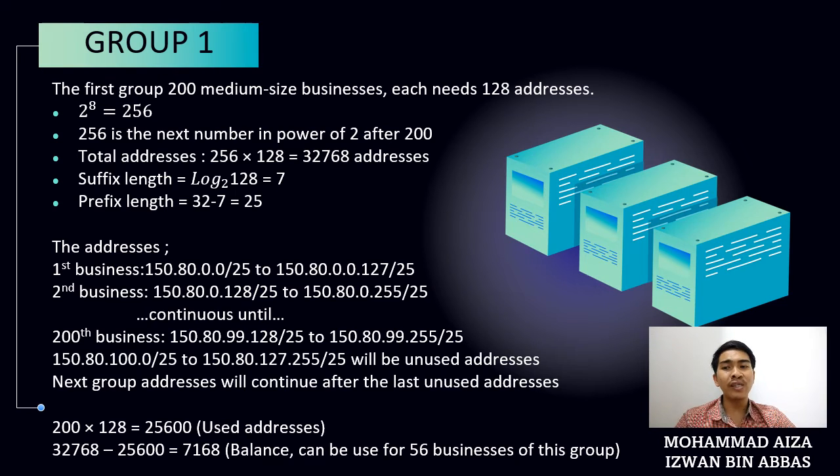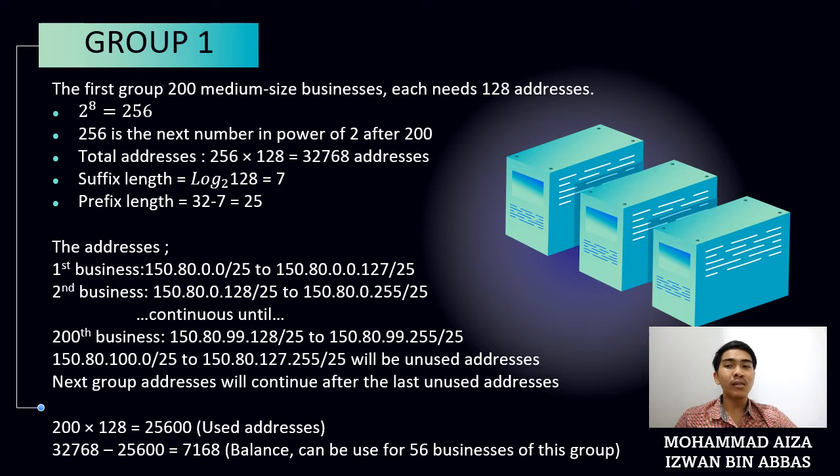So for the first business, the addresses are 150.80.0.0/25 to 150.80.0.127/25.